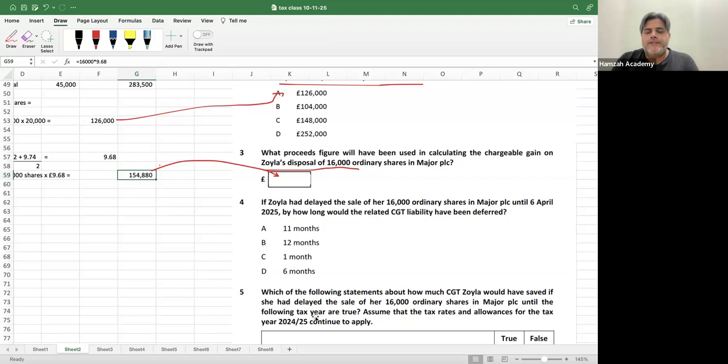So if she had deferred till 6th April 2025, then technically she has taken her disposal to the next year, because currently we are into 24-25. So she goes into the next tax year, and then the date of the payment would have gone to 31st January 2026 over here. So exactly by 12 months, right?